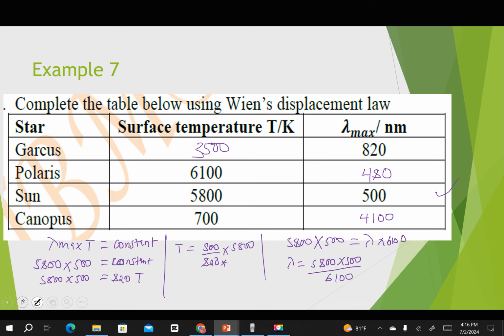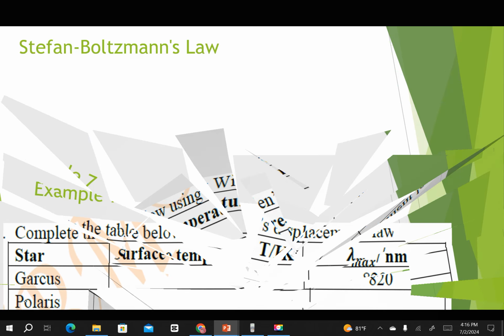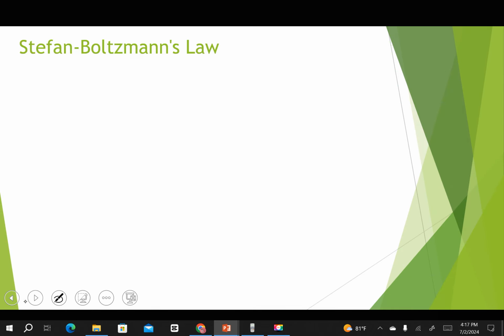Then the next thing we need to do is to talk about Stefan Boltzmann's law. You can't talk about astrophysics without talking about Stefan Boltzmann's law. So I want you to recall, we talked about the luminosity of a star as being the total radiant power which is emitted by a star.